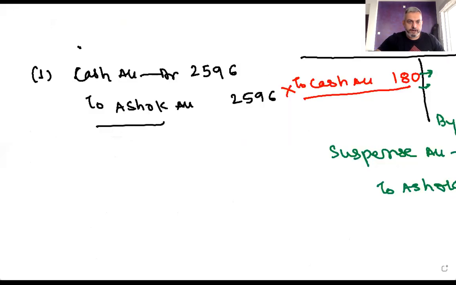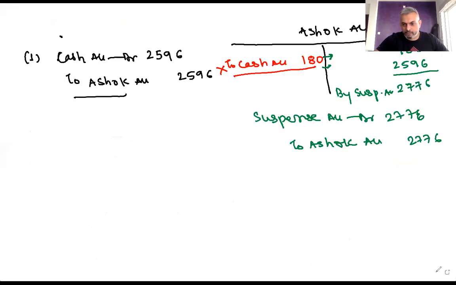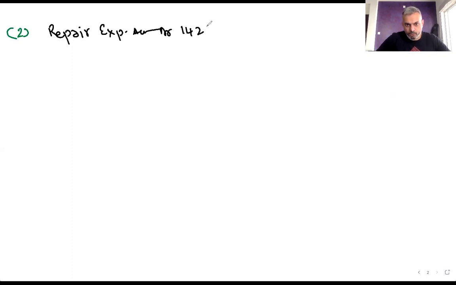So let's write the entry. Next one. What is the correct entry? Repairing expense account debit to cash account. Yes, repairing expense account debit 1424 to cash account 1424. Now, problem is with repairing expense account, so we prepare repairing expense account.